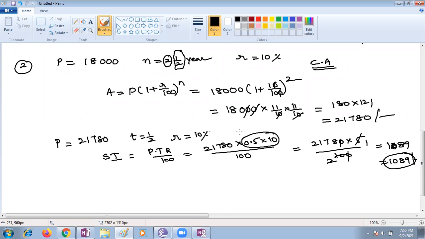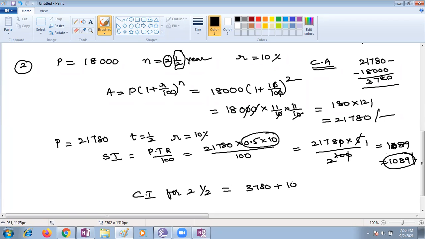But earlier, how much interest were you getting? That also you need to calculate. 21,780 minus 18,000. Come on, children, please subtract. 3,780. So compound interest for 2.5 years means for 2 years you are getting 3,780, and for half a year you are getting 1,089.